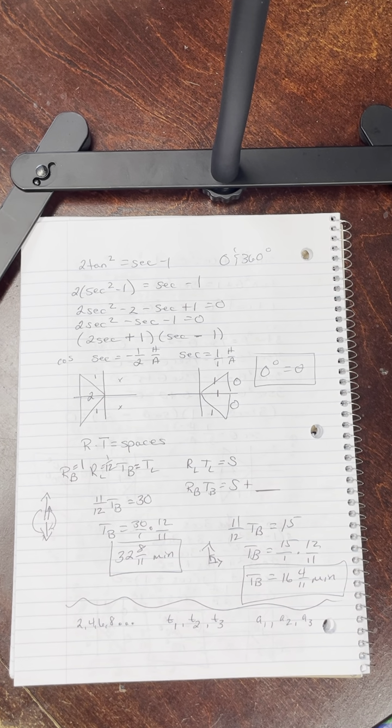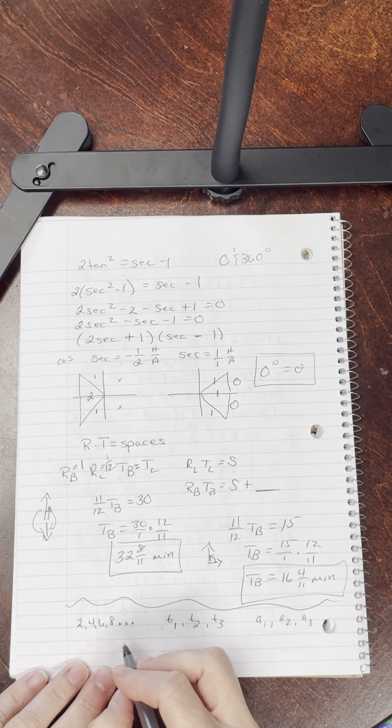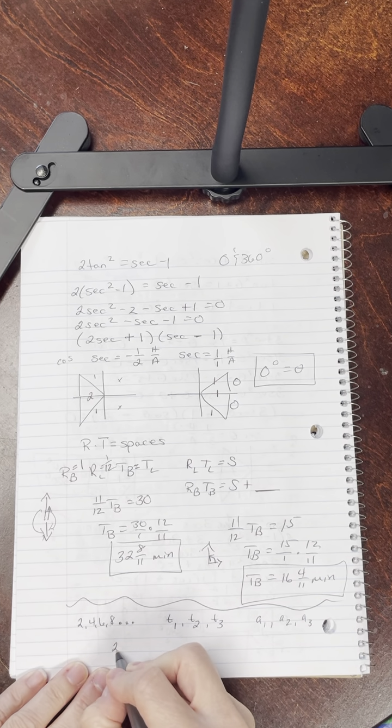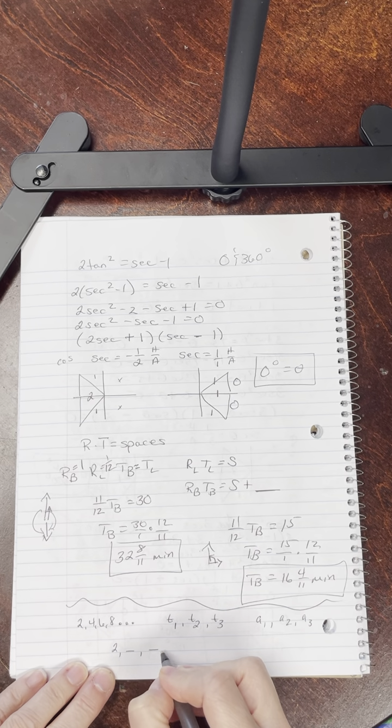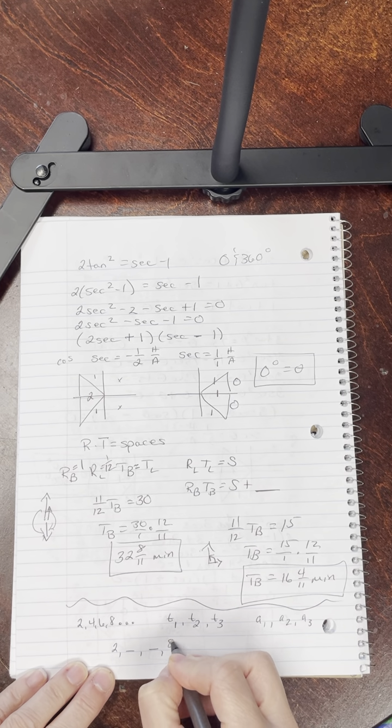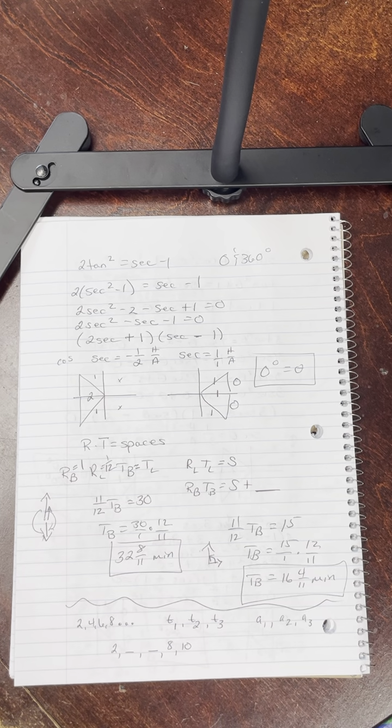And we can also see that, going back to this pattern, if they give me something like 2 blank blank 8 10 and they say fill in the blanks, that's also an indication that I'm dealing with an arithmetic progression or sequence.